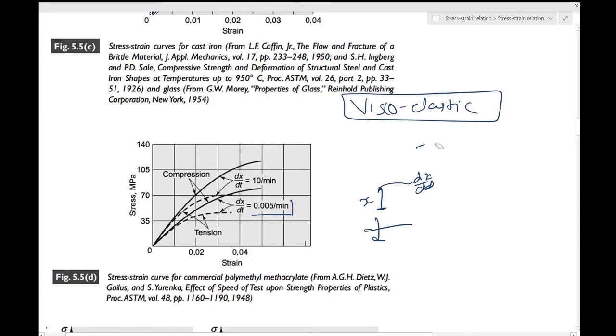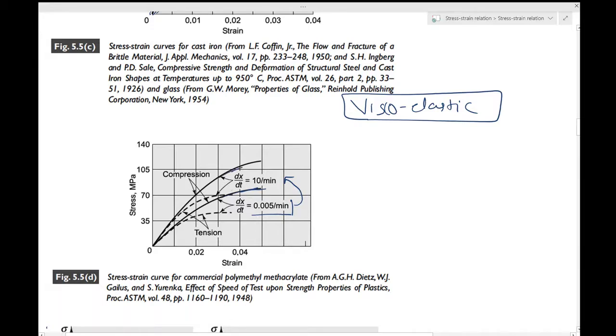Anyways, so you see that you change the strain rate by a factor of 200 coming from here to here, and the stress only changes by 30%. So your graph in compression would go like this at this strain rate, and at a very high strain rate, it would go like this.